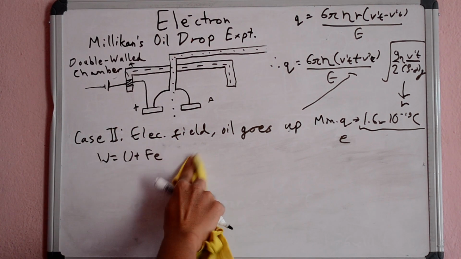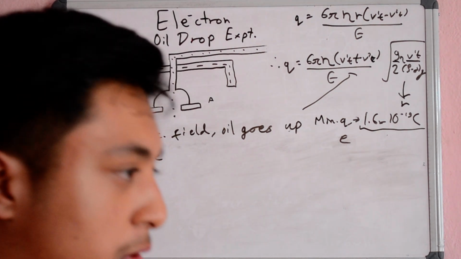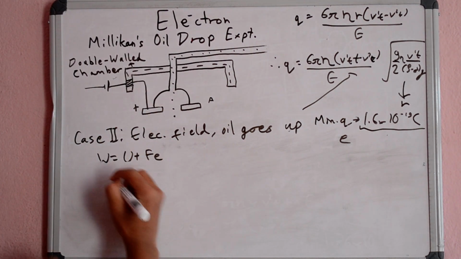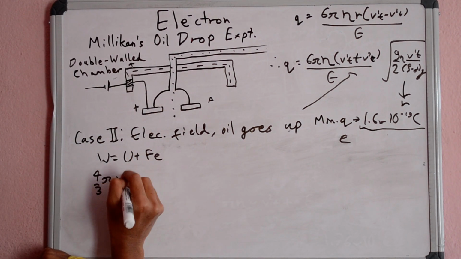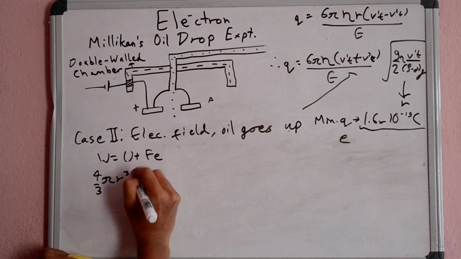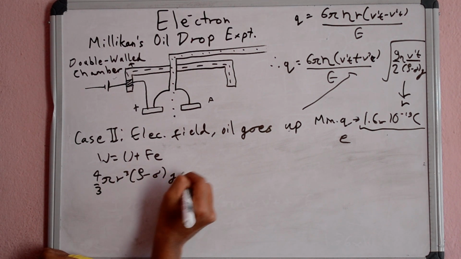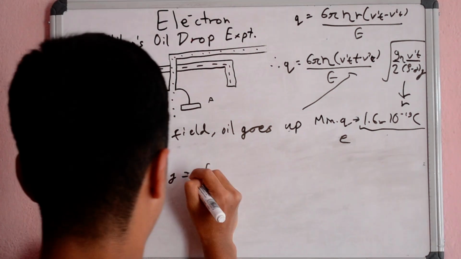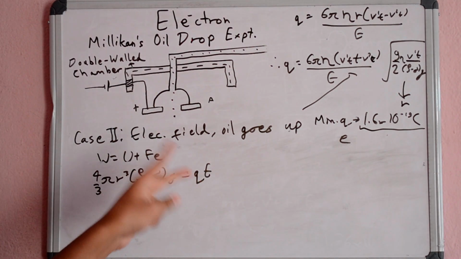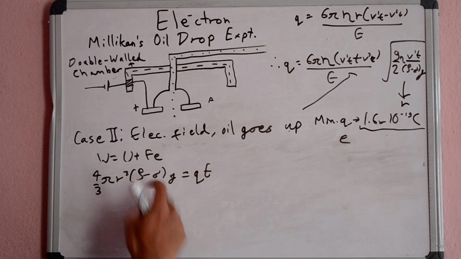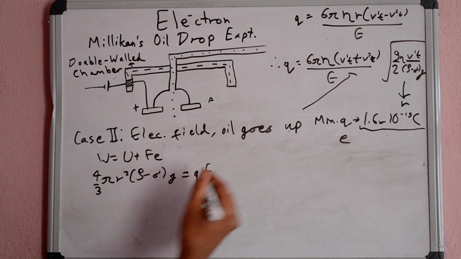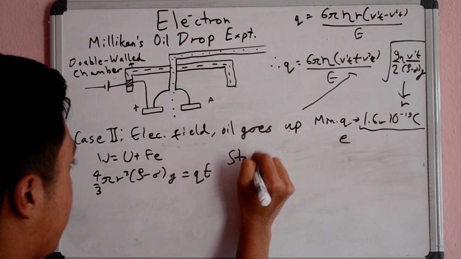So therefore, there will be no viscous force acting on it. So simply 4 by 3 pi r cube rho g, but this is sigma, I'll write it directly, equals qE, right? And here this will be if this is stationary, right?